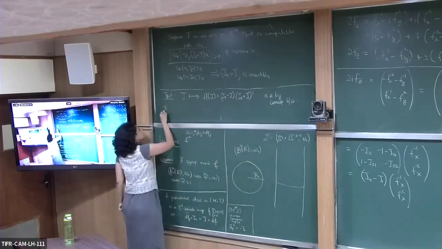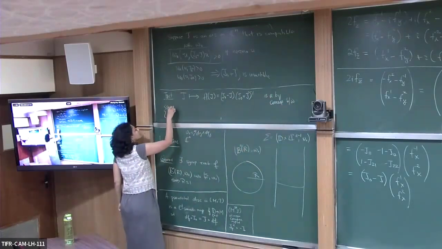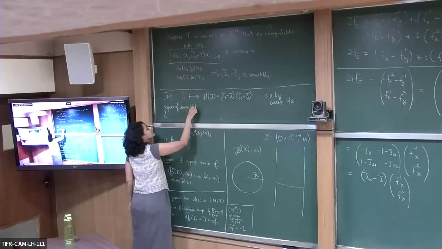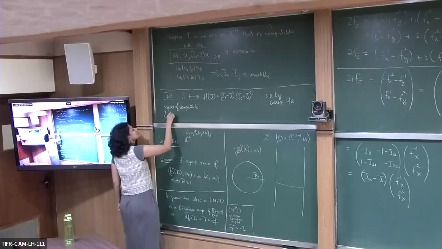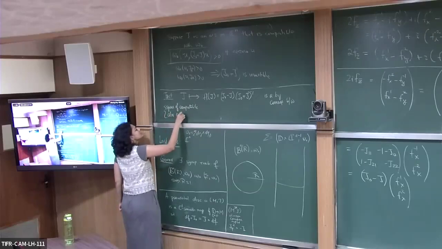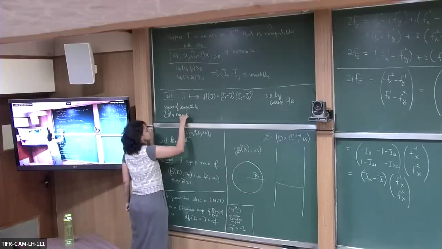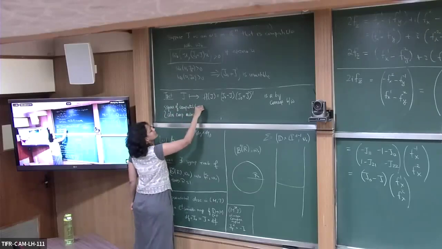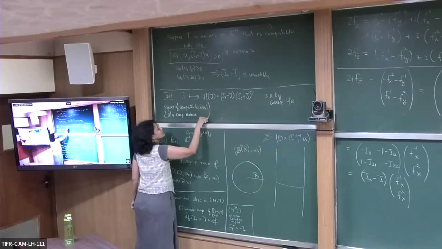So this is the space of compatible almost complex, let's say, matrices. Compatible with, okay.